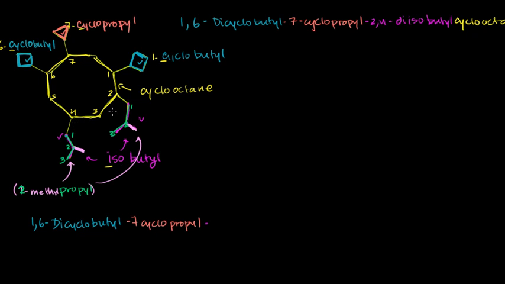At the points 2 and 4, 2,4-bis(2-methyl propyl). So this part right here is the exact same part as that part right there. This is the common name. This is the systematic naming. And then we have our cyclooctane. And we're done.